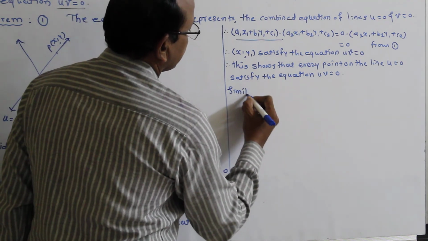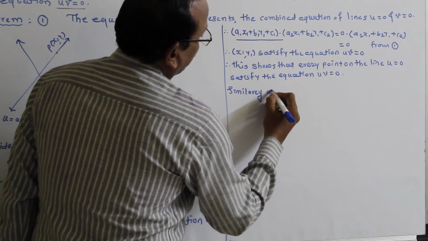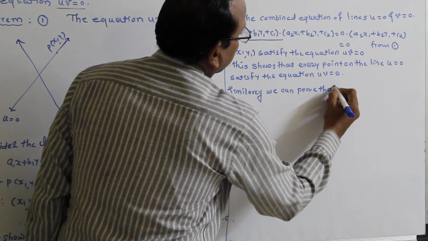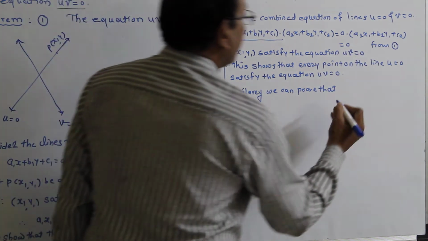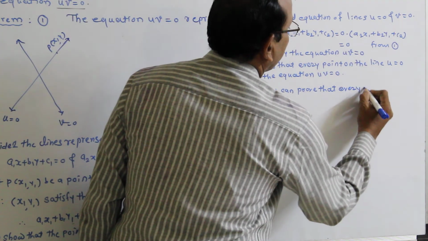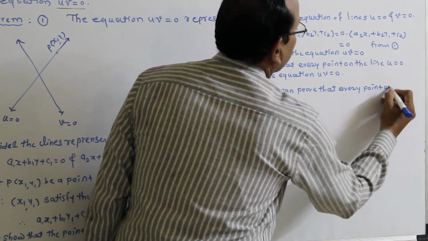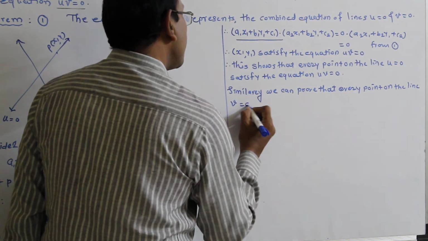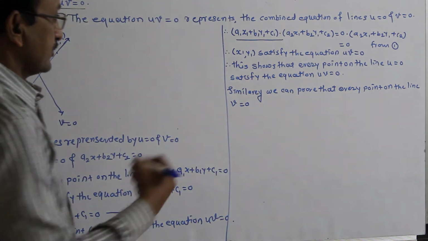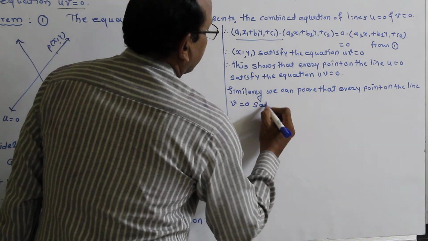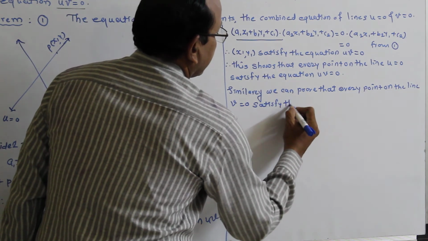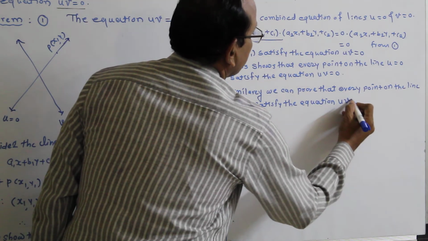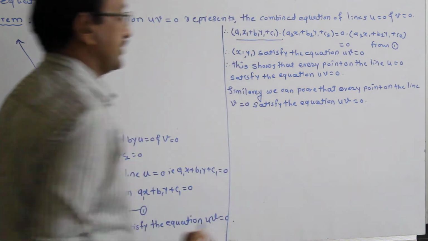Similarly, we can prove that every point on the line v equals 0 satisfies the equation u into v equals 0.